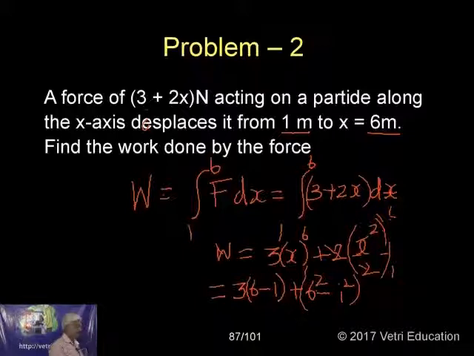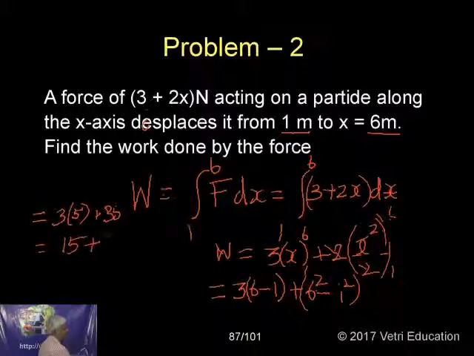So that is equal to 3 into 5 plus 36 minus 1, 35. That is 15 plus 35. That is equal to 50.